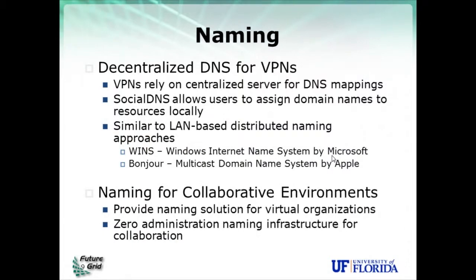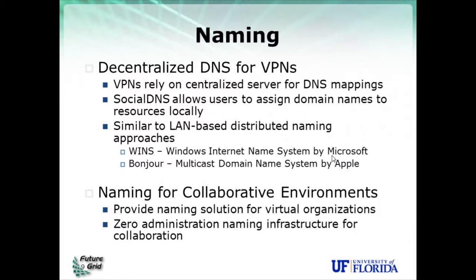We have also in the SocialVPN a mechanism to map names, DNS, decentralized DNS for this type of VPN. And the approach here is you don't want to have a single authority that decides on names. You would like to be able for users to assign their own names that are only valid within the scope of these VPNs. And these names can be mapped with the help of friends.